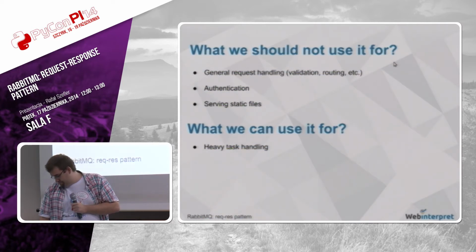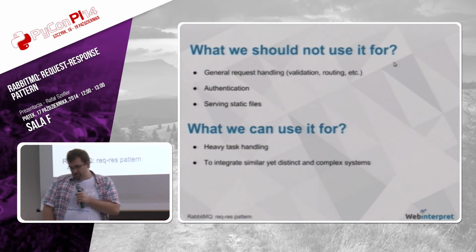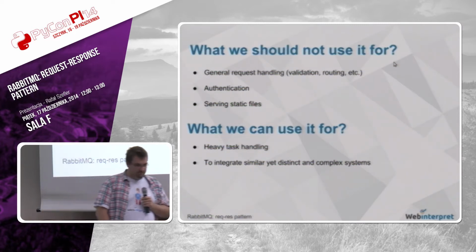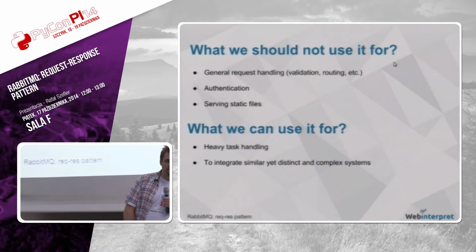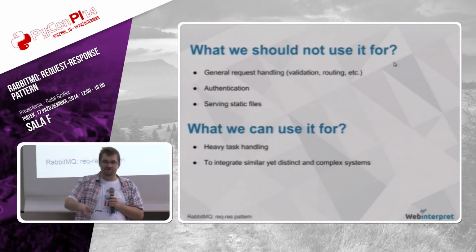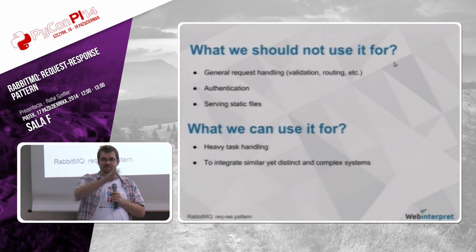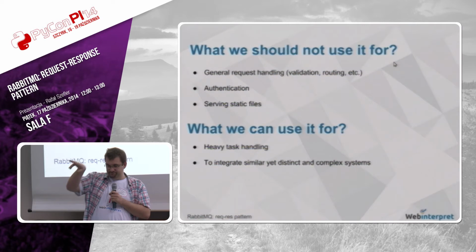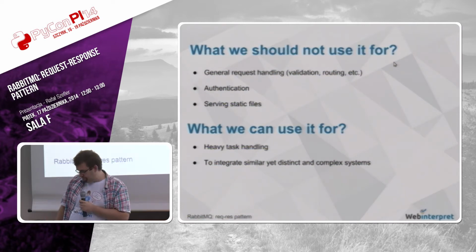Very easy. And to integrate similar yet distinct and complex systems. For example, at WebInterpret, we integrate eBay, Amazon, and we do translations. So these are all different components, but they share some stuff. So they communicate. We communicate via RabbitMQ.